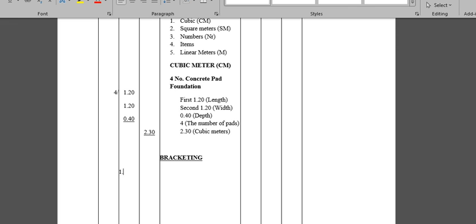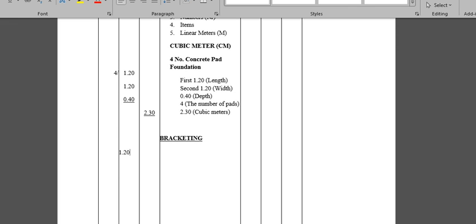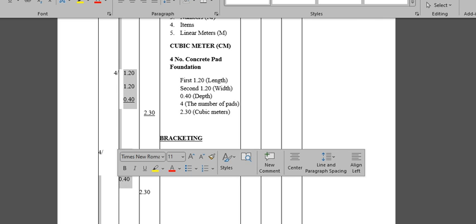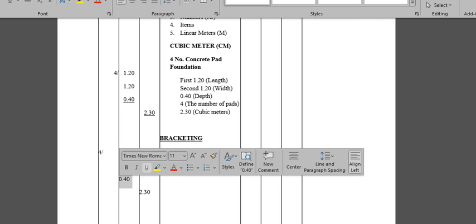So that is 1.2, another 1.20, then 0.40, and then of course we have the 4 multiplied by that, and then we have the 2.30. Do not forget to underline your work, the dimensions that you've entered.